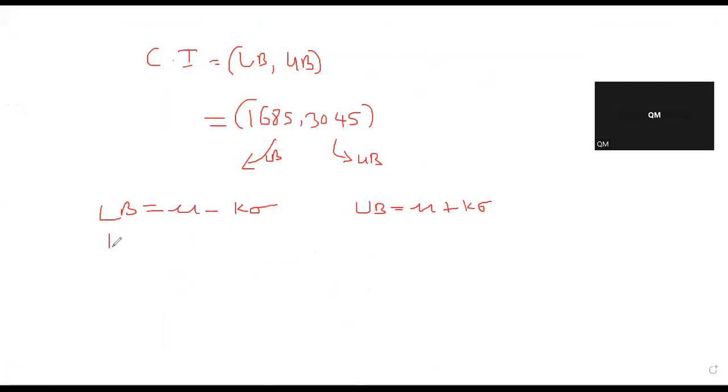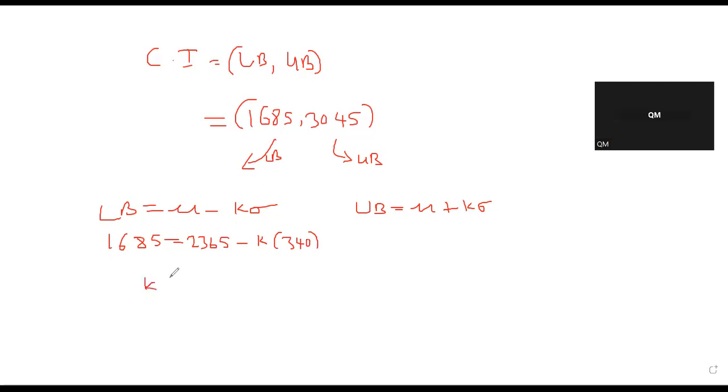So lower bound is 1685, and our mean, which is our mu, is given by 2365. Then our standard deviation is given by 340. So in this case, you have to solve for what?